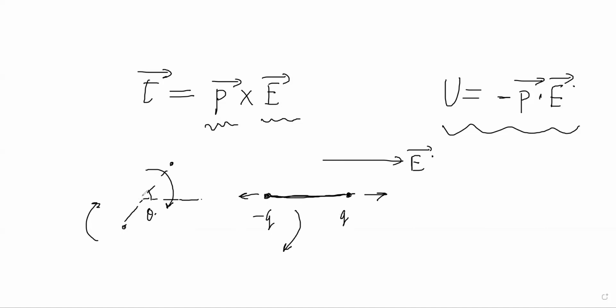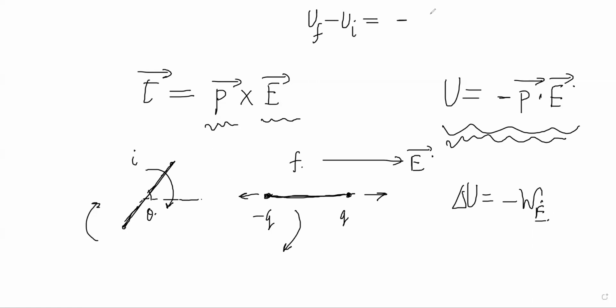So that is what this is coming from. You can define U as: change in U is the negative of the work done by the electric field. If you take the dipole from this position, which is initial, and bring it to this position, which is final, you can say U final minus U initial is the negative of the work done by the electric field in doing this rotation.